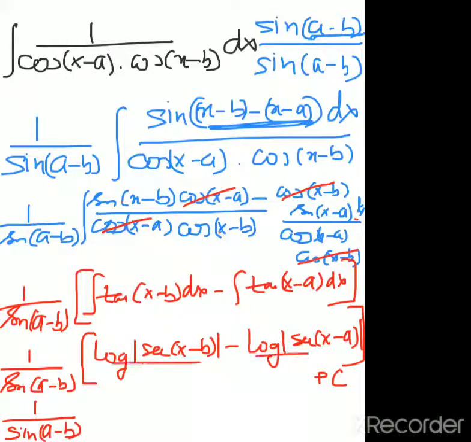Now log a minus log b can be written as log a upon b.